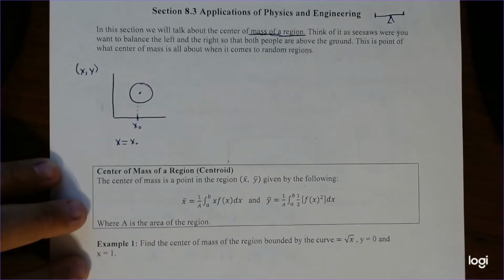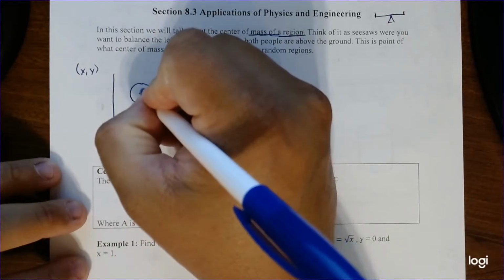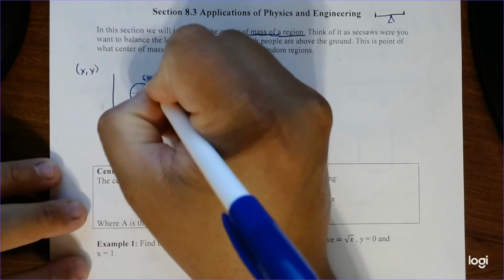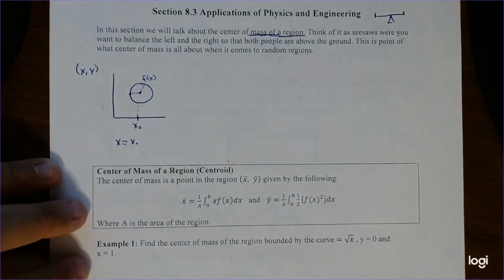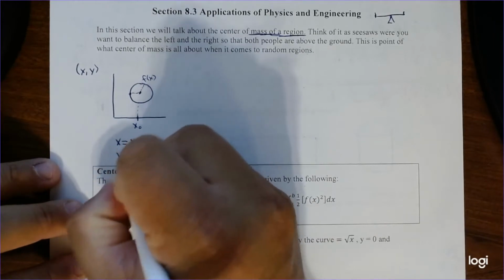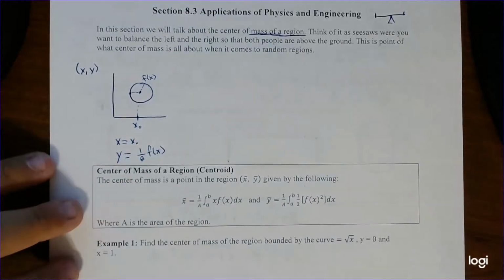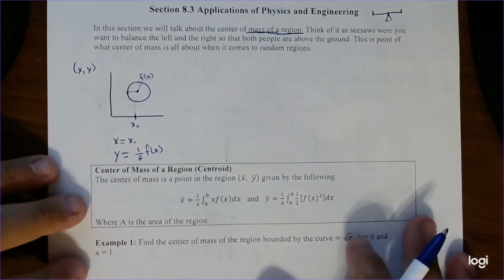Therefore, f of x is going to be the radius itself, or some value on the actual circle. Since the radius is half of the diameter, the y value is always going to equal 1/2 of f of x. That's in general for a circle.